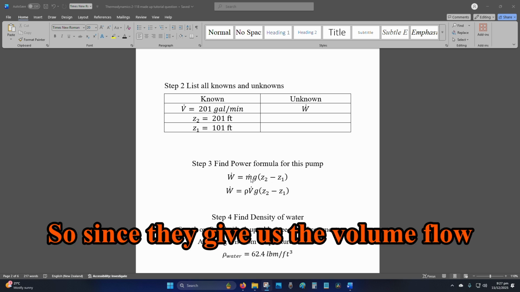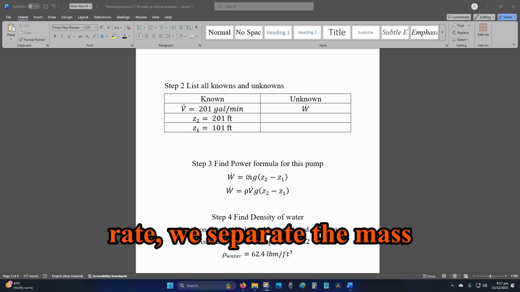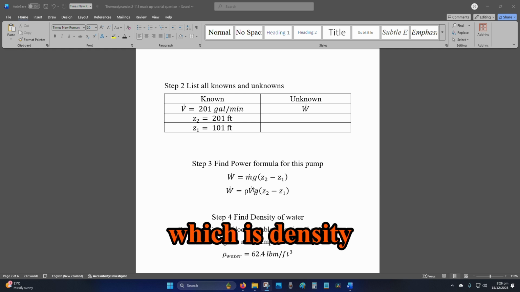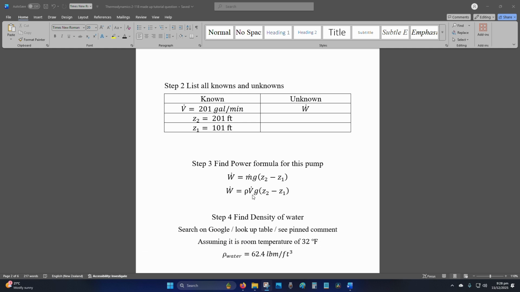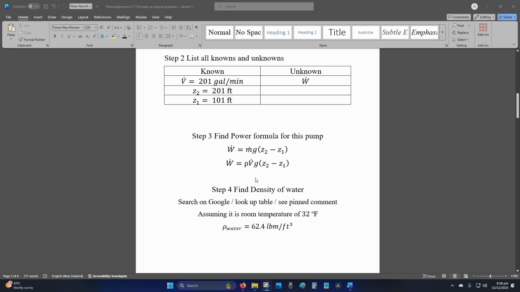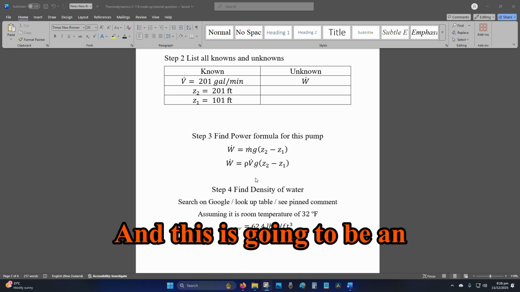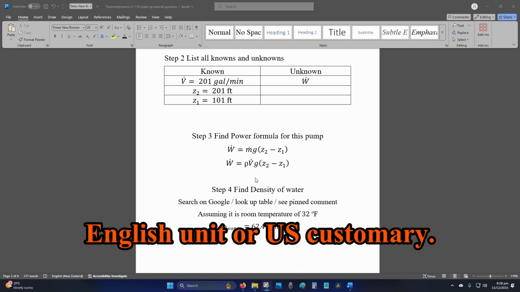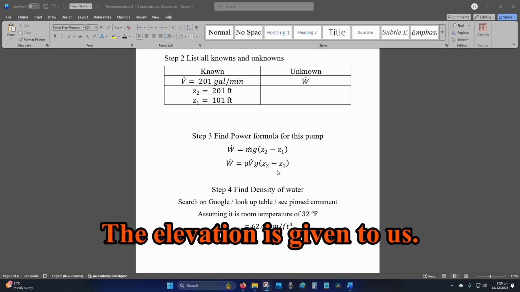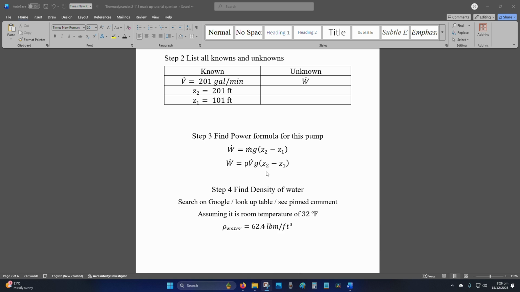Since they give us the volume flow rate, we separate the mass flow rate into its components, which is density multiplied by volume flow rate. We assume gravity, and this is going to be an English unit or US customary. The elevation is given to us.